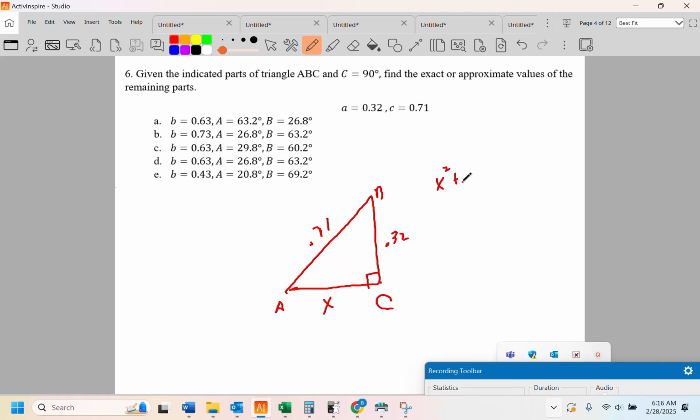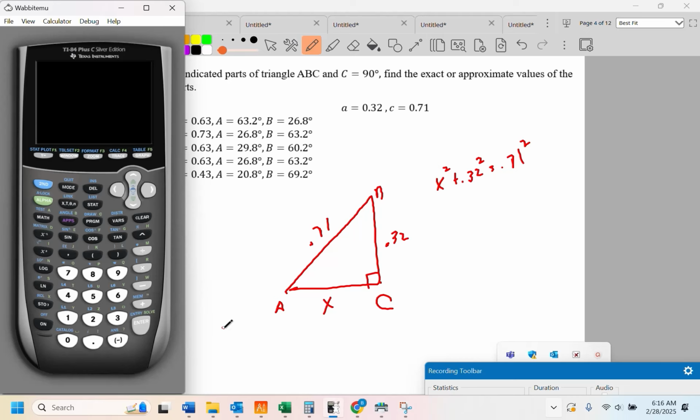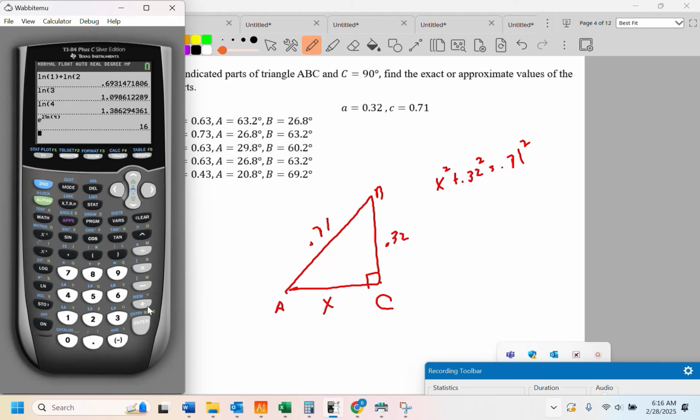X squared plus 0.32 squared is 0.71 squared. I'm hoping it's something like 0.43, but it's probably like 0.63. It should be 0.43.